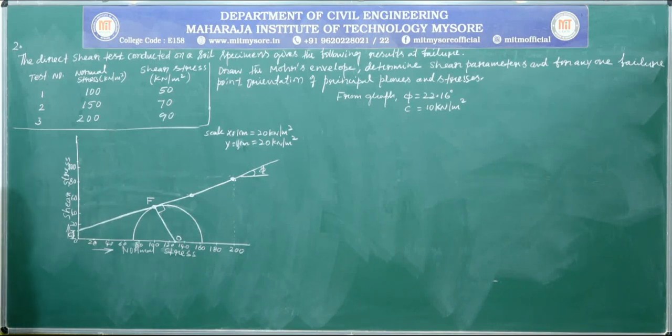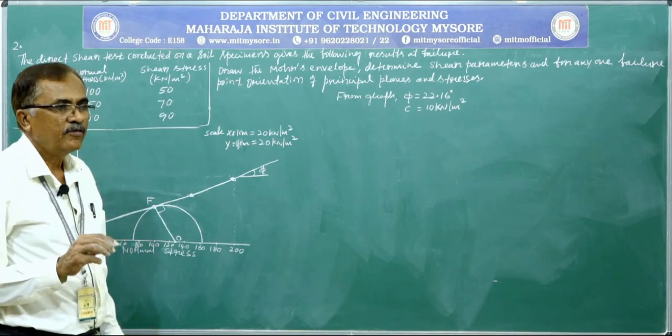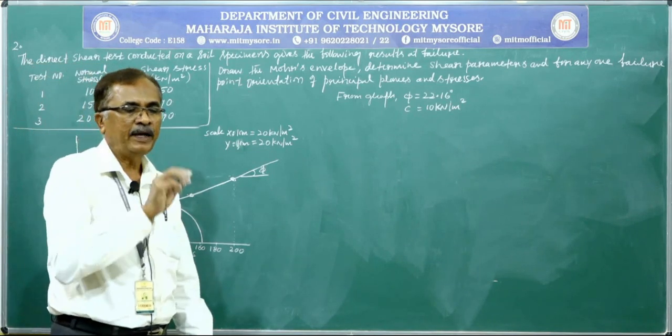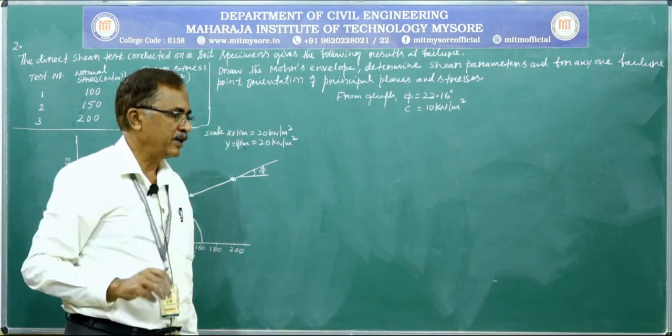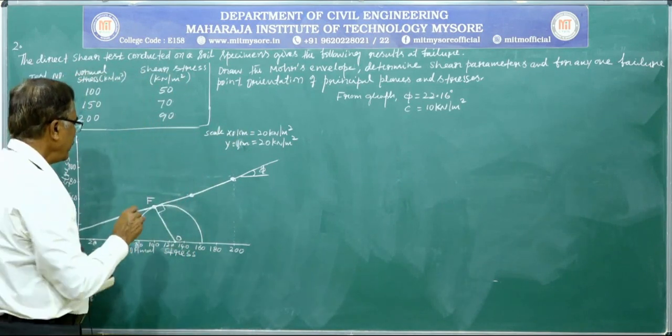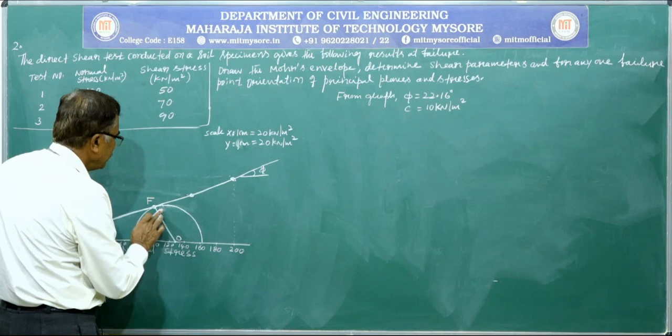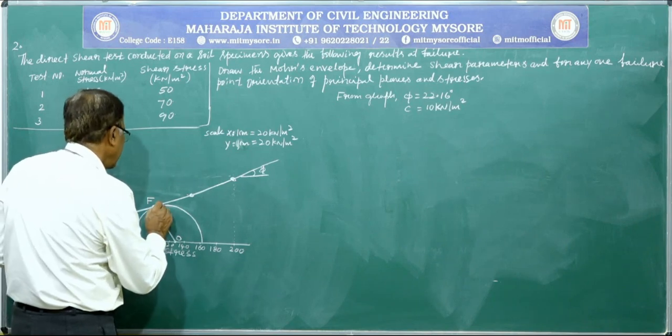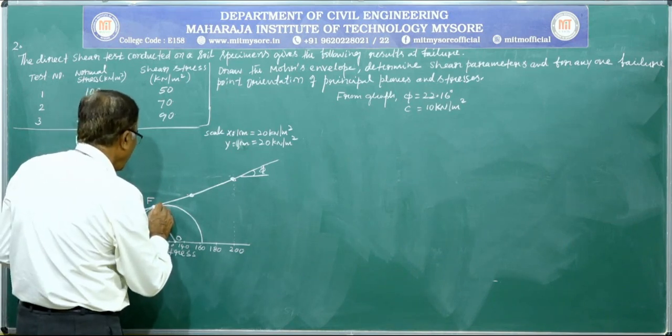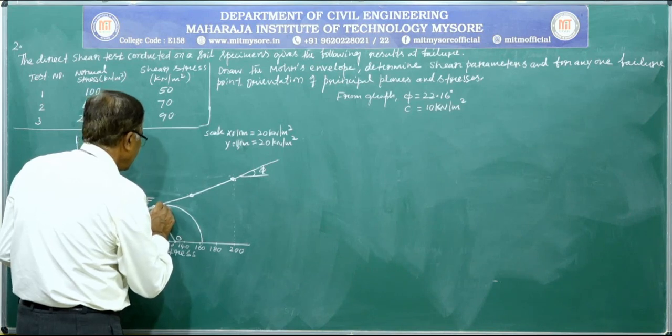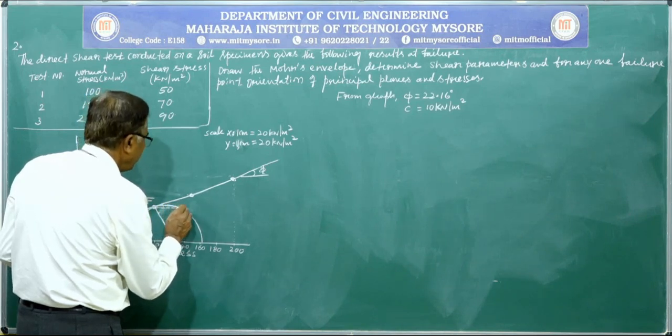Next, we know that in the case of direct shear test, the failure plane is a forced plane in the horizontal direction. So we know the failure point. From the failure point, draw a horizontal line. We get the failure plane.